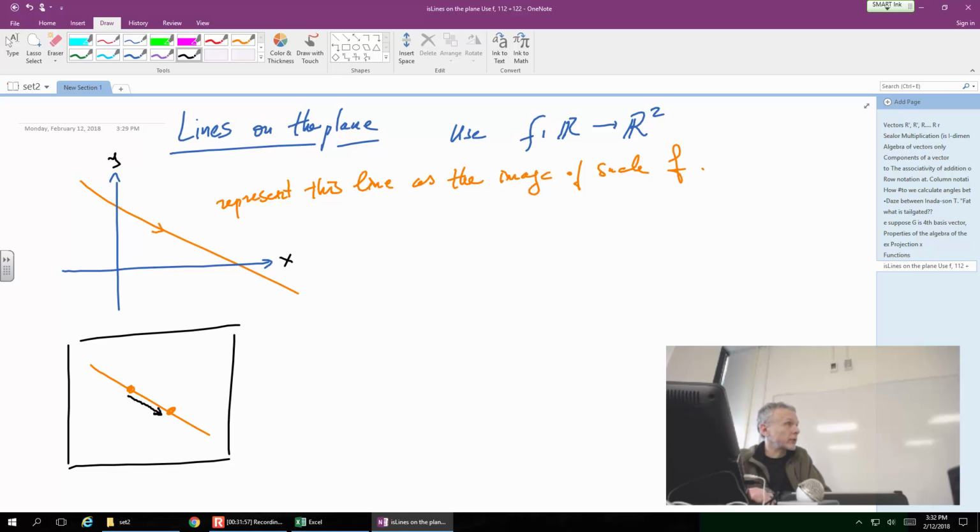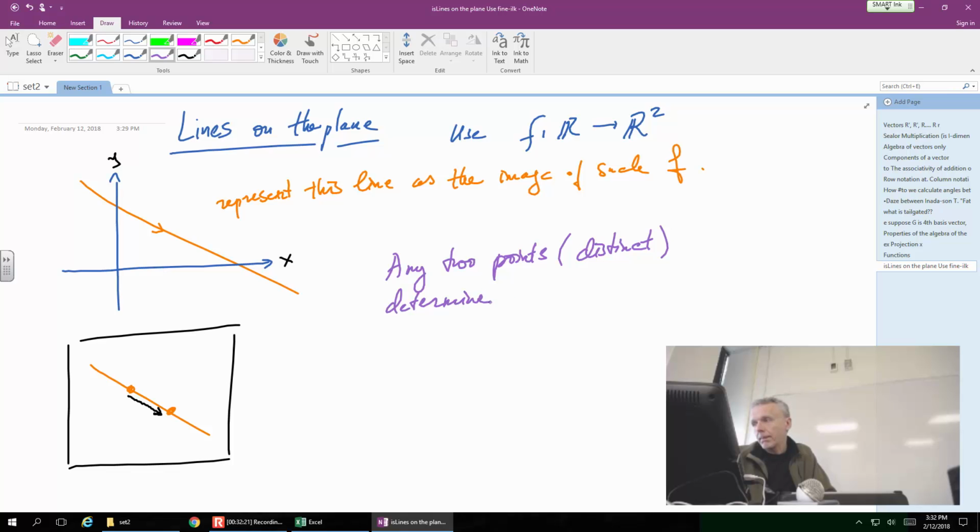That's what we bring to Euclidean geometry from vector algebra. Any 2 points determine a vector. So P and Q, and then we have PQ, the vector.